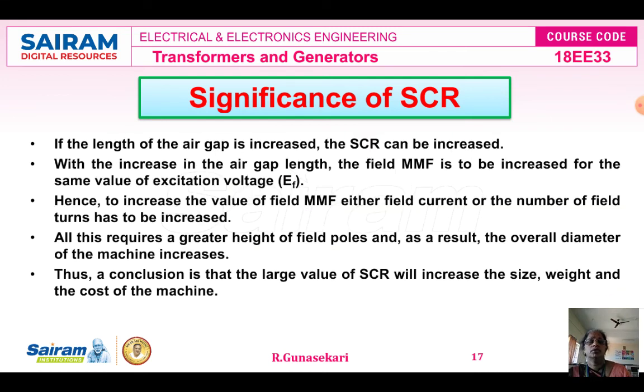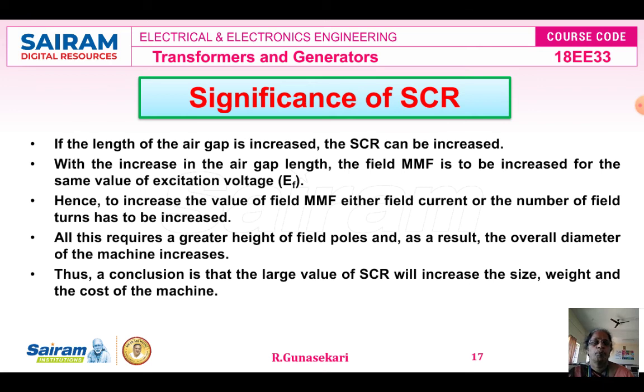Suppose the length of the air gap is increased, the short circuit ratio also increases. With an increase in air gap length, the field MMF has to be increased for the same value of field excitation voltage EF. To increase the field MMF, either the field current or the number of field turns has to be increased.